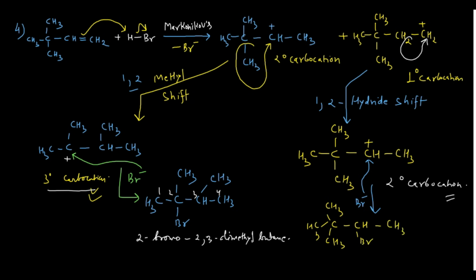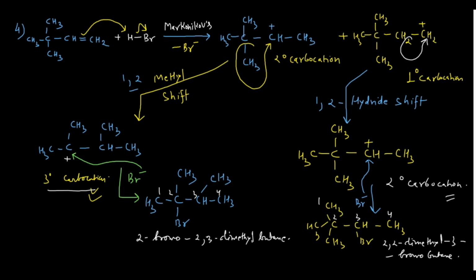Again, to write the IUPAC nomenclature for this one, you can number it carbon 1, carbon 2, carbon 3, carbon 4, right? So what would be the IUPAC nomenclature? 2,2-dimethyl, 3-bromobutane.